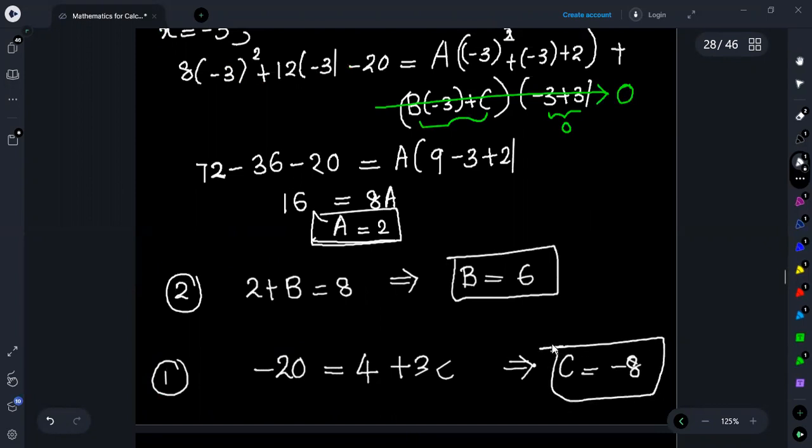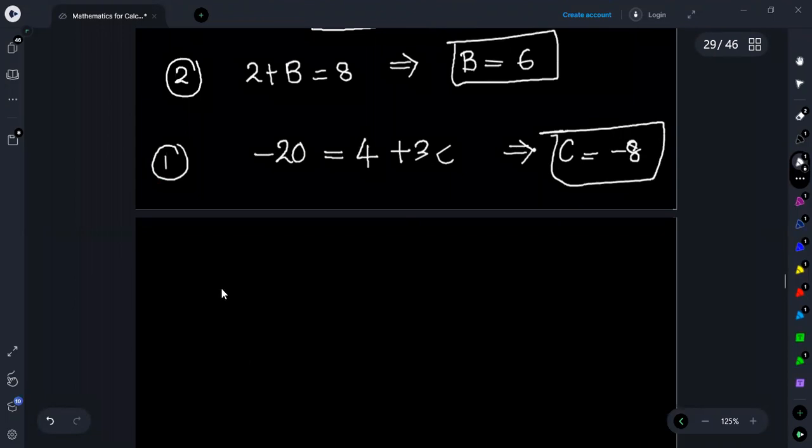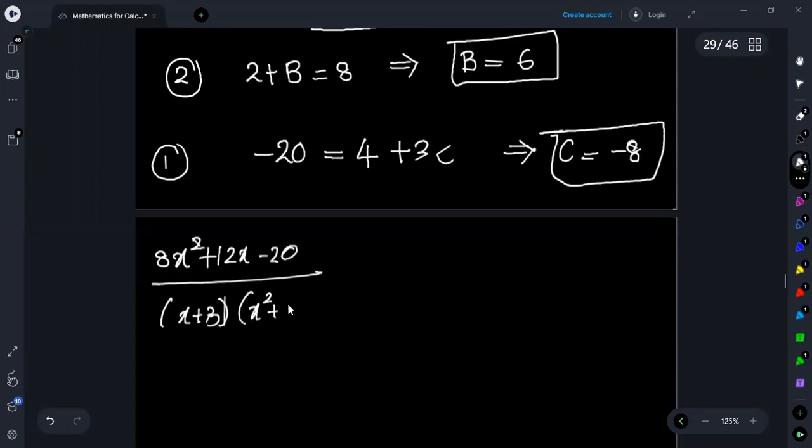So once you have identified the values of a, b, and c, you can write the final answer by substituting the respective values. 8x to the power 2 plus 12x minus 20, divided by x plus 3 over x squared plus x plus 2, is equal to a, where the value of a is 2.